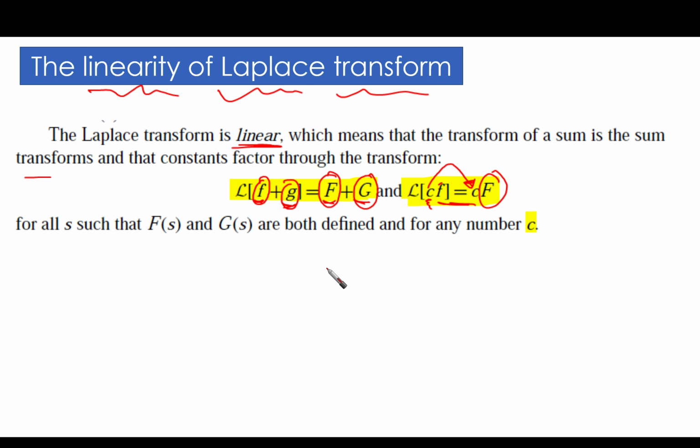Okay? So this is an important characteristic of Laplace transform, which we call the linearity characteristic. For all s such that F of s and G of s are both defined, and for any number c, we are talking about f and g. That's right. Okay, so now we understood what is the meaning of linearity of Laplace transform.